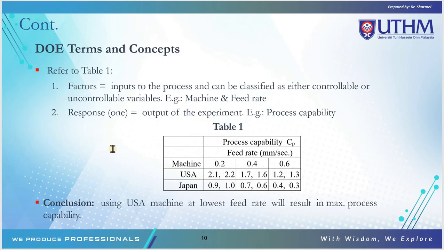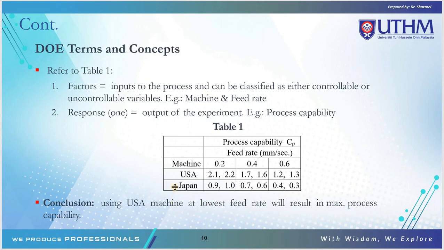We have two factors, which are the machine and the feed rate. We can control the feed rate, in millimeter per second, where we have 0.2, 0.4 and 0.6 here. So it means that we can control the rate. Feed rate is the controllable factor.